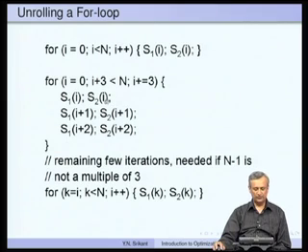The advantage of loop unrolling is that it enlarges the body of the loop. Now, this body is much larger than before. This was only S1 and S2. Here we have many instances of S1 and S2, and because of this, other types of machine dependent optimizations such as instruction scheduling, software pipelining, etc., become very efficient.